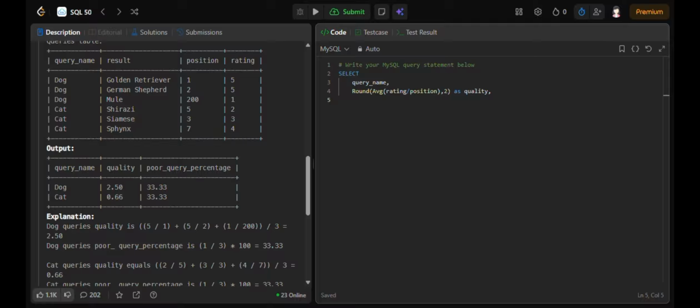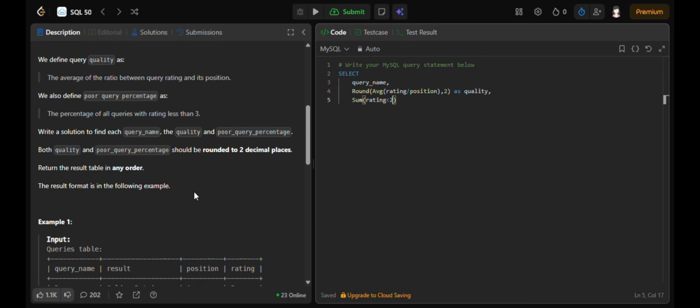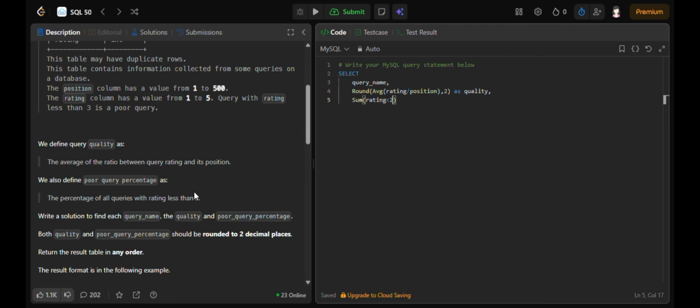And then to calculate the poor query percentage, we will sum up the ratings whose value is less than 2, if I'm not wrong, less than 2, right? Sorry, less than 3.